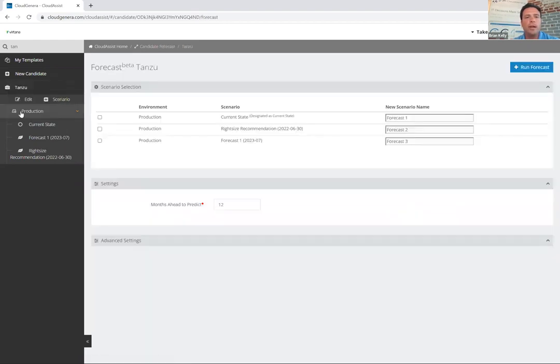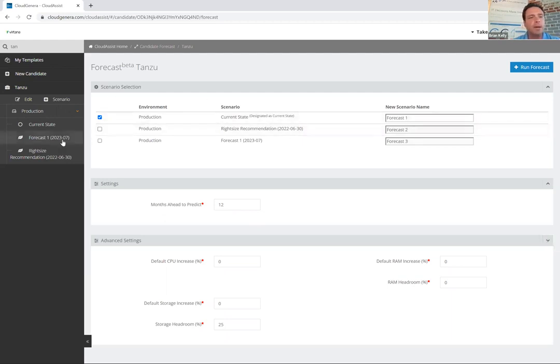You can also generate and create a forecast. So predicting in the future when you may need a different instance and what your expenditures may look like in that future state. For the sake of time in our demo here, we've gone ahead and run 2 models.